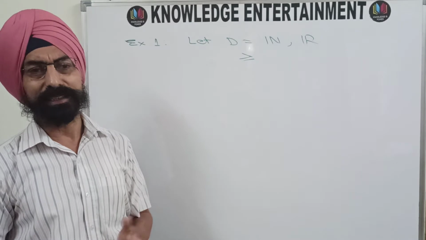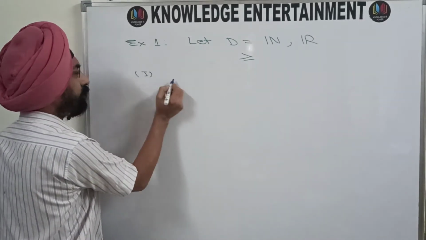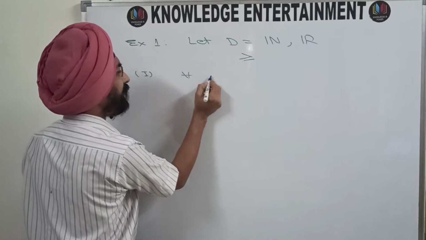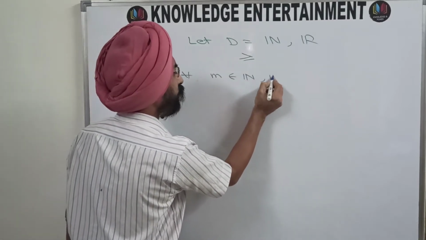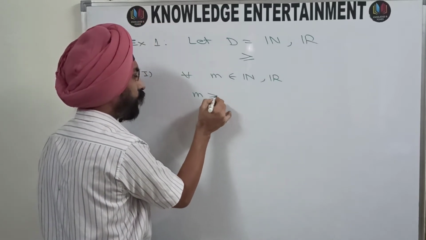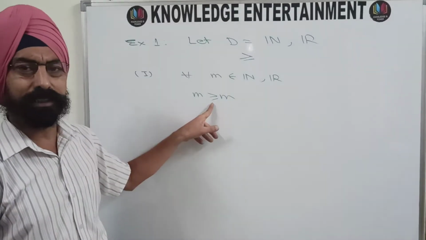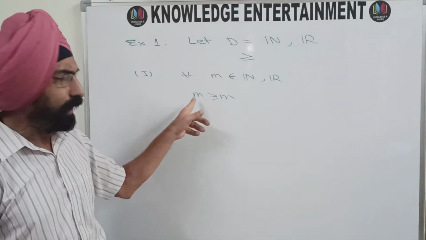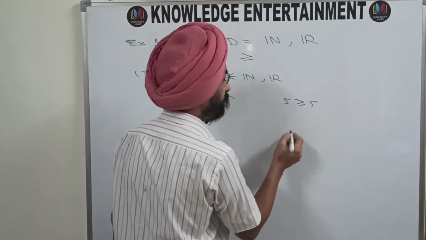a directed set. Why? Because number one, for every m belonging to N or for every m belonging to R, we know that m is greater than or equal to m. Here this is used in its usual sense. So here I am using it like that, 5 is greater than or equal to 5.